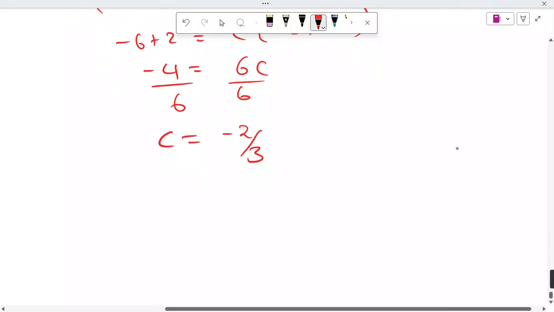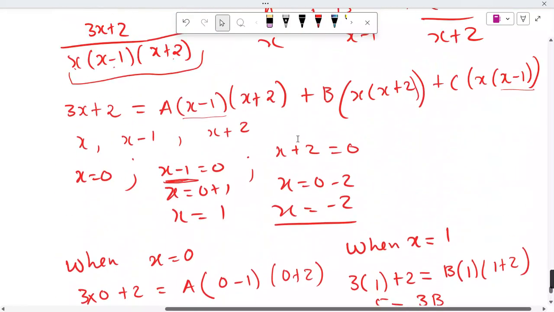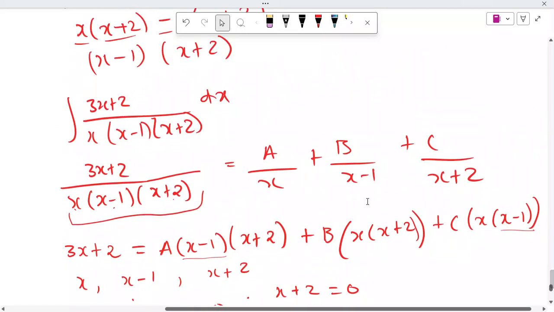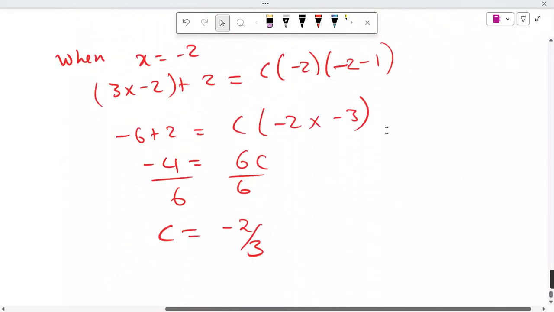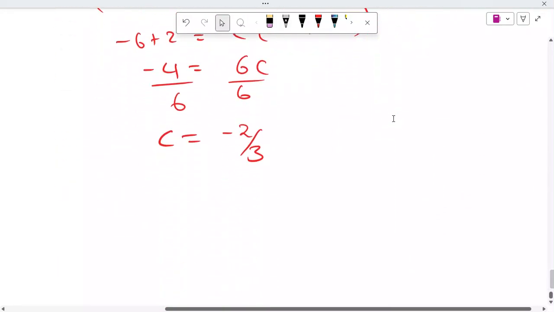So now we know the values of A, B, C. In this equation we had here, we substitute the values for A, B, and C. So A is negative 1.